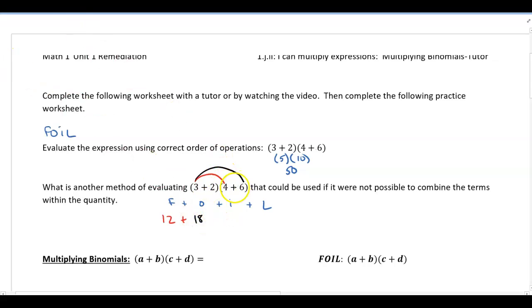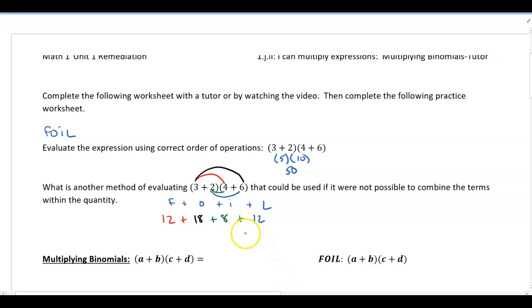Now my inner terms would be the 2 and the 4, because they're both inside. That would be 8. Plus my last terms, the last term in each of these, which is 2 and 6, which would give me 12.